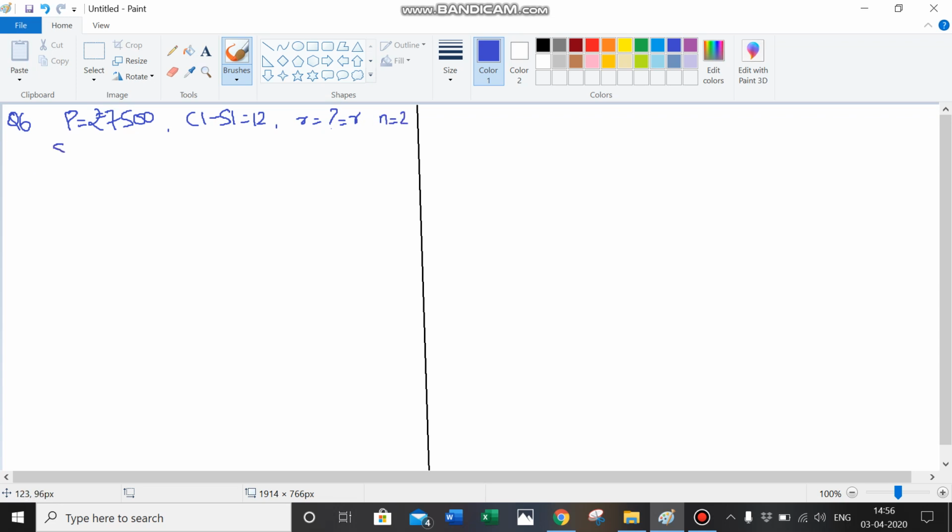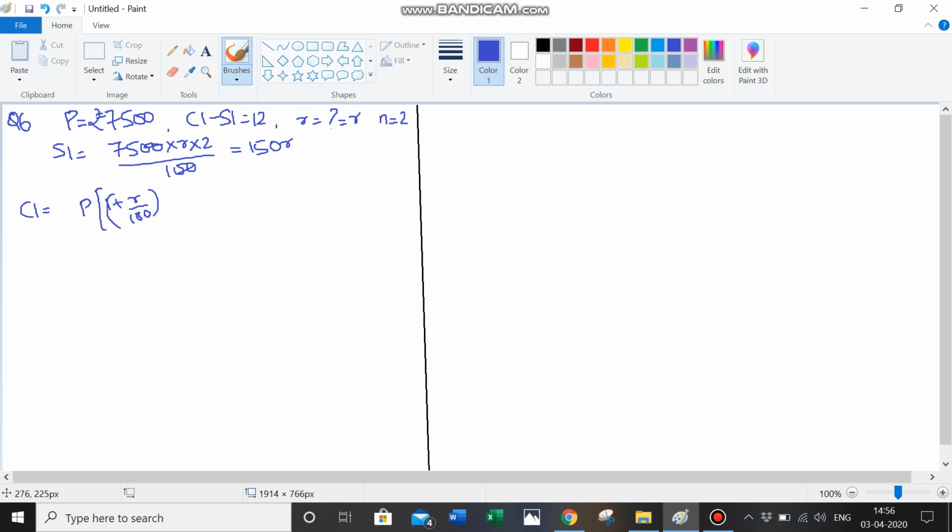So let's calculate simple interest first. P into R into T upon 100, which is equal to 75 into 2, 150 R. Let's calculate CI. CI will be equal to P times 1 plus R upon 100 raised to the power N minus 1.